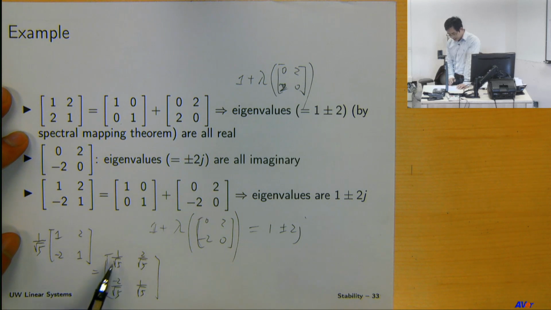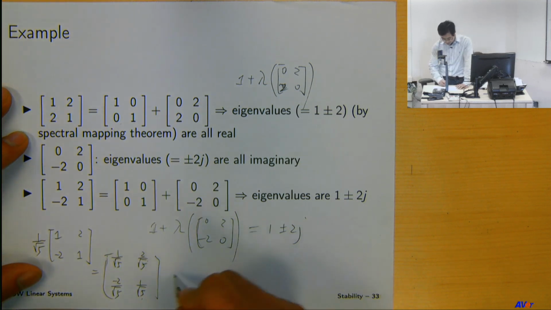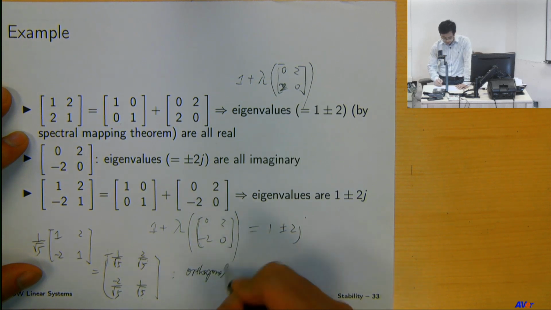If you do this times this plus this times this, it's going to give you 0. So they are perpendicular to each other. The lengths of the column vectors are 1. Right? So if you do this square plus this square, it's going to give you 1 plus 4 divided by 5. So this is indeed an orthogonal matrix.